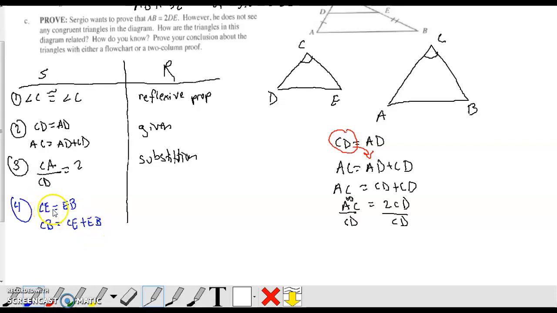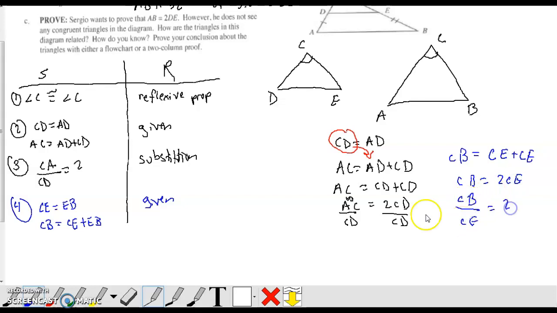So again, if I replace EB with CE, again, this is given information, I'm going to have CB equal to CE plus CE, right? And again, this will be 2 CEs. If I divide that, CB over CE will equal 2. So again, I'm going to put that right here. So CB over CE equal to 2.